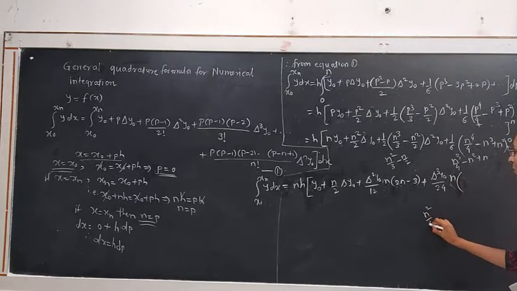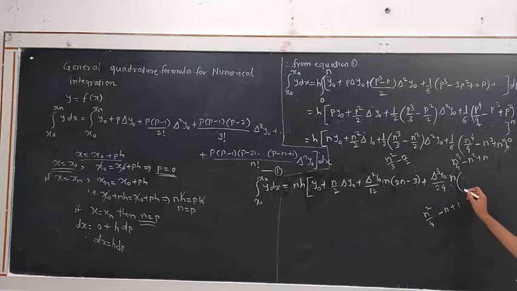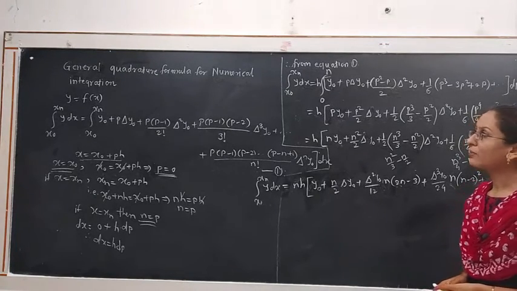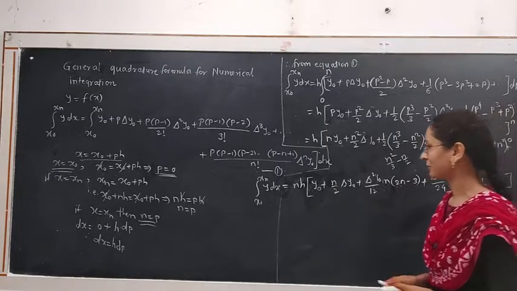N square upon 4 minus n plus 1. After taking least common multiple, we get n square minus 4n plus 4, and this is what? The square of n minus 2. This can be written as (n minus 2) square plus so on. This is what? General quadrature formula for numerical integration.